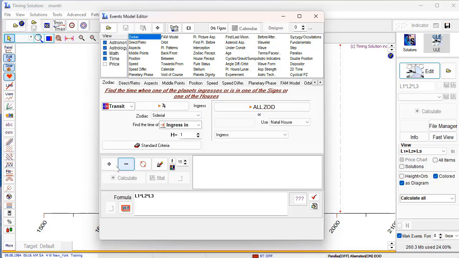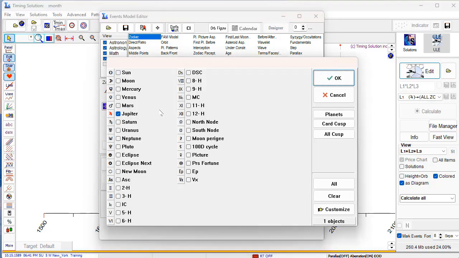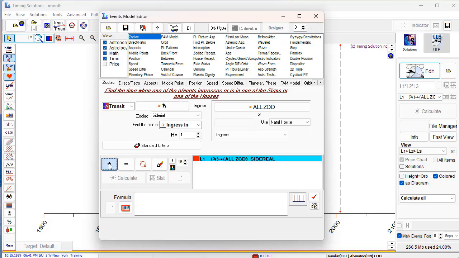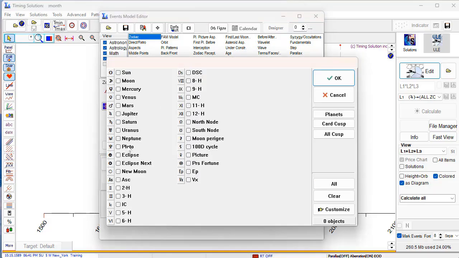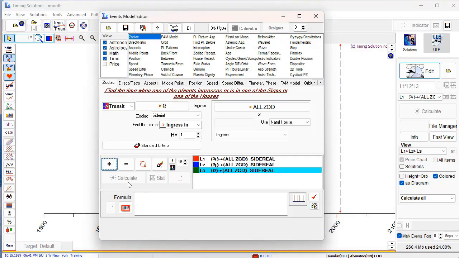I click plus. Next one is Saturn. Plus. And another one, North Node. Plus.